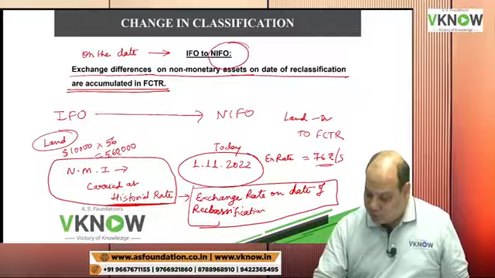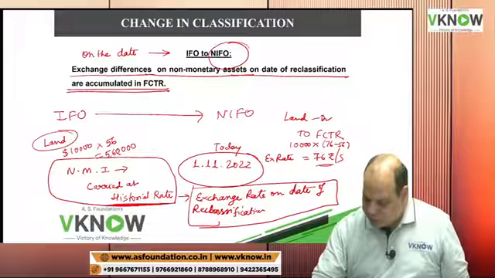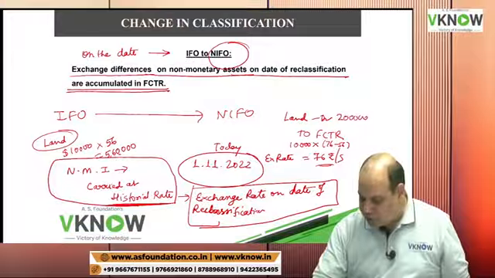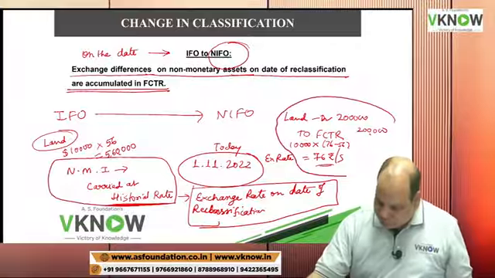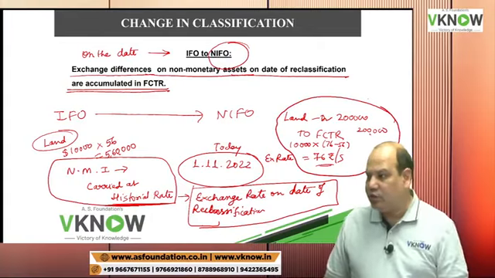So my answer for this question will be 10,000 into the difference between 76 minus 56. 20 rupees into 10,000. 2 lakh rupees I will have to transfer to FCTR.